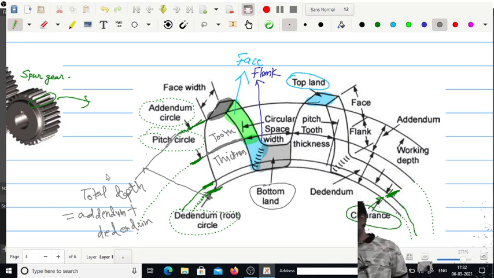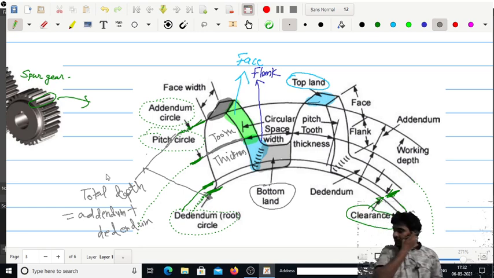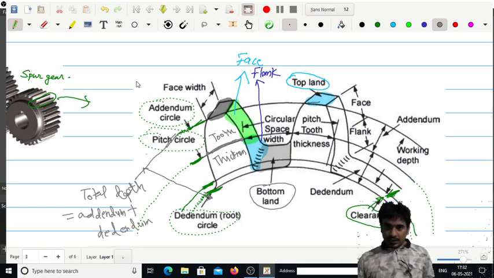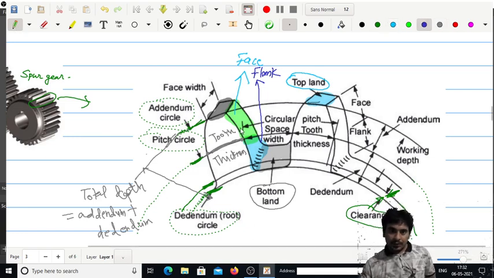Okay, fine. Now one more thing is the pitch. If we consider one point on the face of the tooth and the same location on the consecutive tooth, we locate the points and measure the distance between these two points, that will give us the circular pitch.